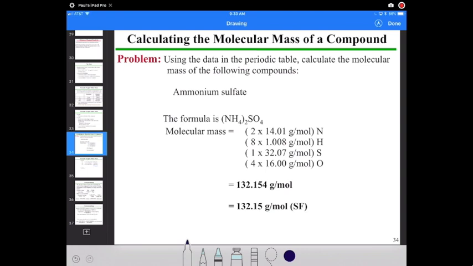There are 2 nitrogens. You multiply it by 14.01. Hydrogen, there are 8 of those. 1 sulfur and 4 oxygens will total up an amount. And then you will round it to 2 decimal places. All right. On the exam, we're much more lenient in terms of your own calculation than what CHEM-111 will be. And in the multiple choice, select the closest one.